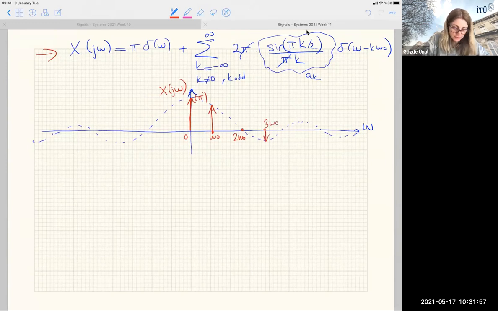This omega 0 was pi over T. You can see these are the zeros of this envelope. Pi over T, or yeah, 4 pi over T, which is equal to 4 omega 0.